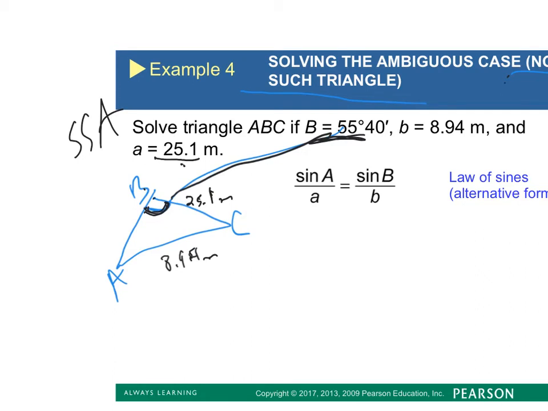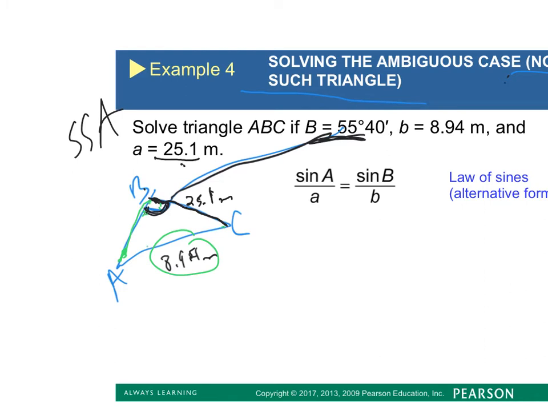This side distance, this leg, is locked, because I have this angle. So basically, those two legs are locked. Now I've got to figure out, is this side long enough to reach from end to end?